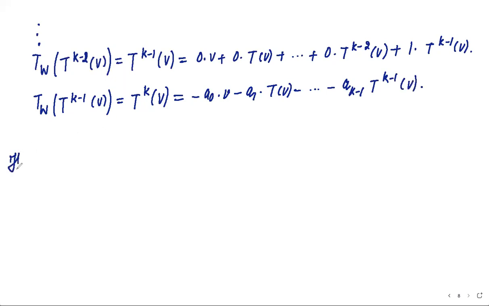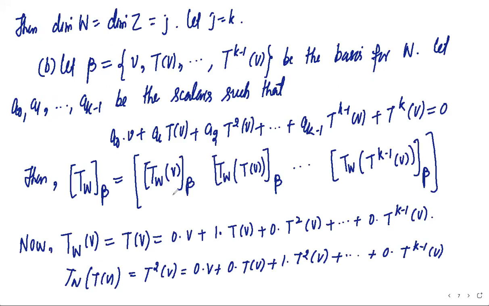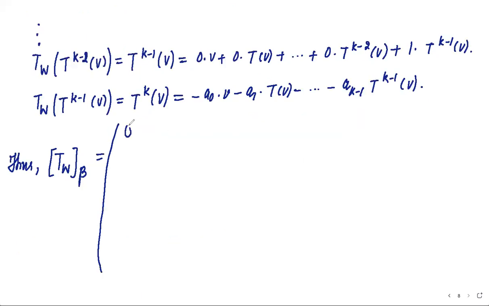So thus the matrix of this TW related to the basis beta is a matrix of size k cross k, and its first column is the coordinate vector of TW of v, that is 0 1 0 0 and so on, 0 0.